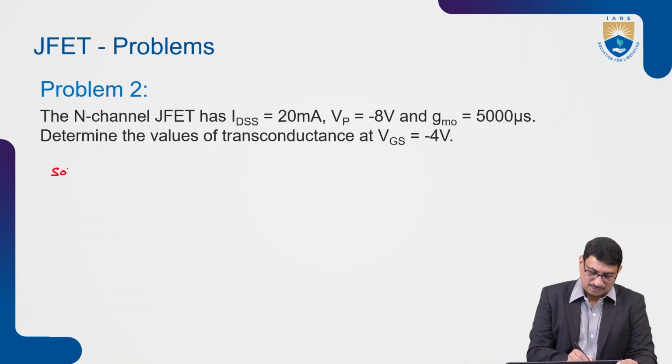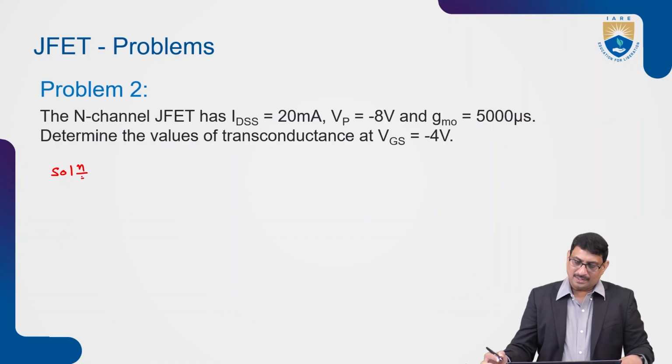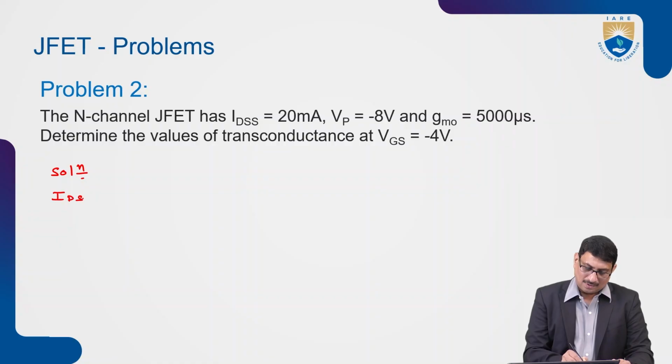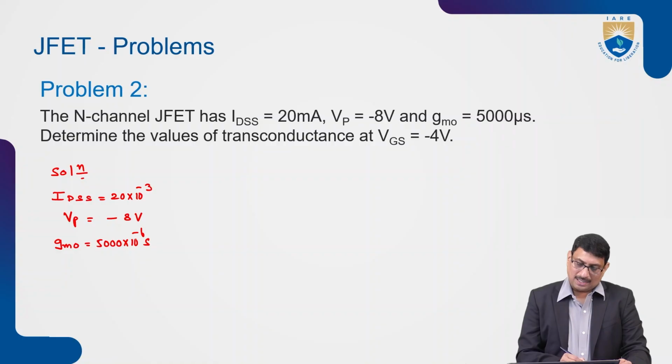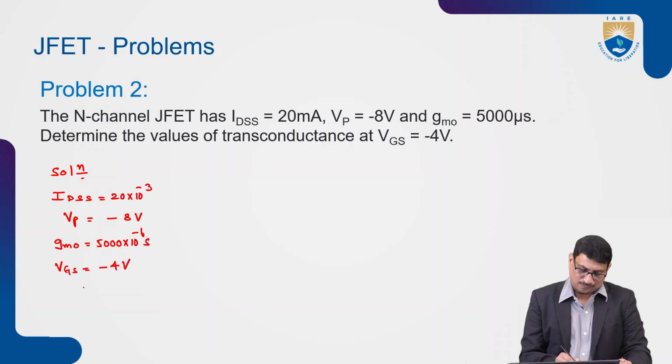To solve this problem, it has been given IDSS is equal to 20 milliamperes, the pinch off voltage VP equal to minus 8 volts, the transconductance GMO equal to 5000 microsiemens, and it is asking us to calculate the value of the transconductance at VGS equal to minus 4 volts.